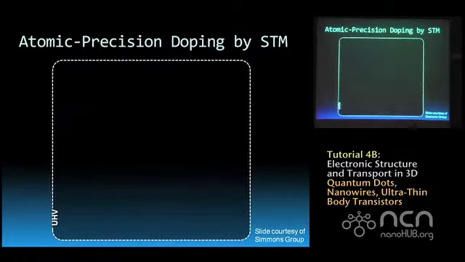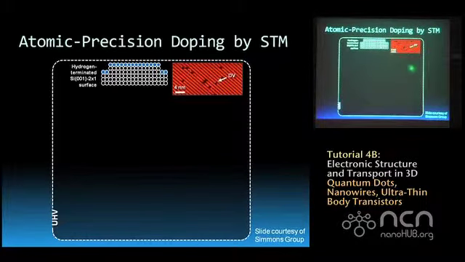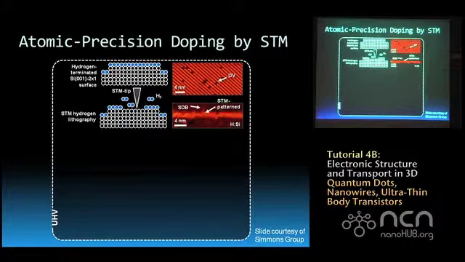All right. So now I'm going to talk about a completely and differently radical device that's very different from whatever you normally think of. So here you have atomic precision doping by an STM. So what you do is you have a hydrogen passivated surface in silicon, and you come along with an STM tip, and you actually take away some of these hydrogen atoms.